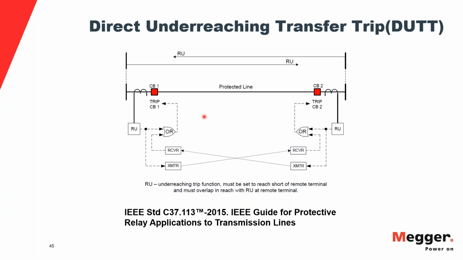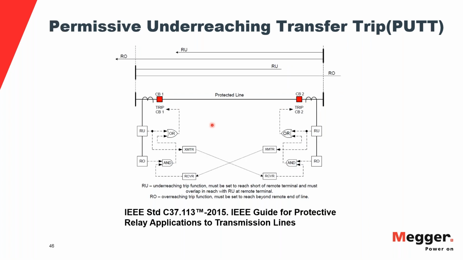In the case of the next one, which is the permissive under-reaching transfer trip, in this case, it's permissive, which means that there has to be some supervision on both relays in order to allow the trip.